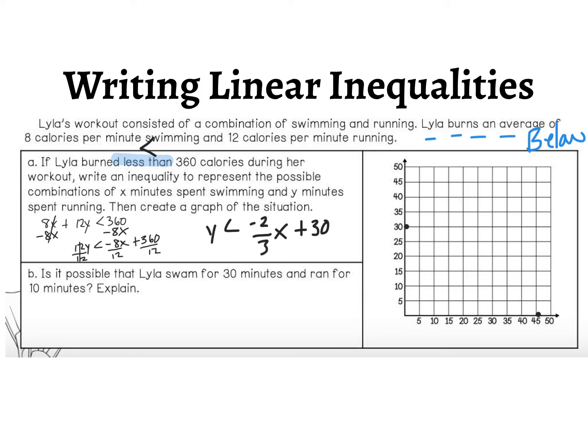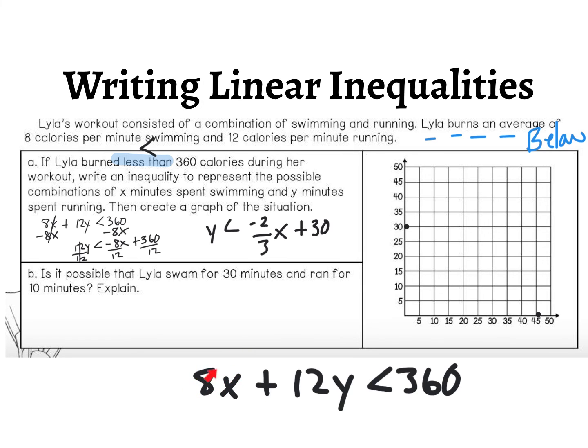Now, because the slope doesn't align with that, what I did here was this. I know my y-intercept, right? I can look at my original situation. Let's do a quick recap. 8x plus 12y less than 360. Here's another way of graphing in standard form. What we do is we want to find the y-intercept, so we're going to plug 0 for x.